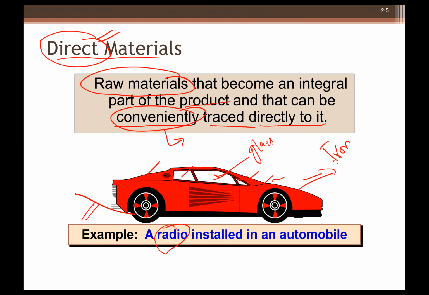The tires, alloy rims, exhaust, seats. These are called direct material. Engine, right? Steering. These are all called direct material, whose price can be conveniently, easily, or directly measured. We call this direct material.